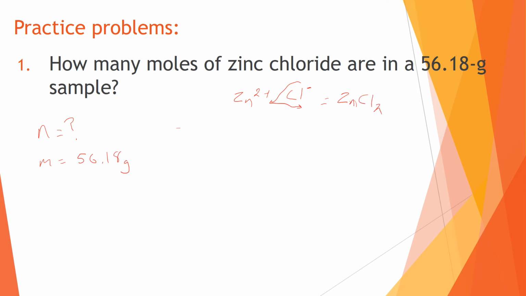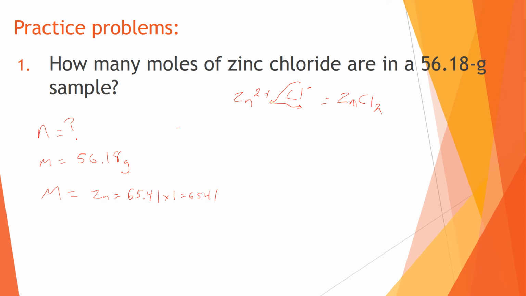Okay, that's my formula, ZnCl2. Now I have to figure out what my molar mass is. For my molar mass, I have one zinc atom in there, and zinc is 65.41, times 1, because I only have one of them.